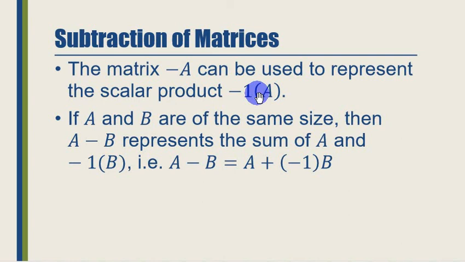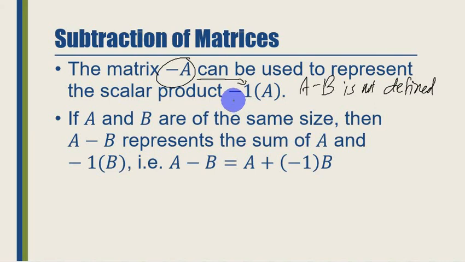Because subtraction, meaning A minus B, is not defined in the set of matrices alone. However, since negative A can be represented as negative 1 times A, we can define this in terms of addition of matrices.